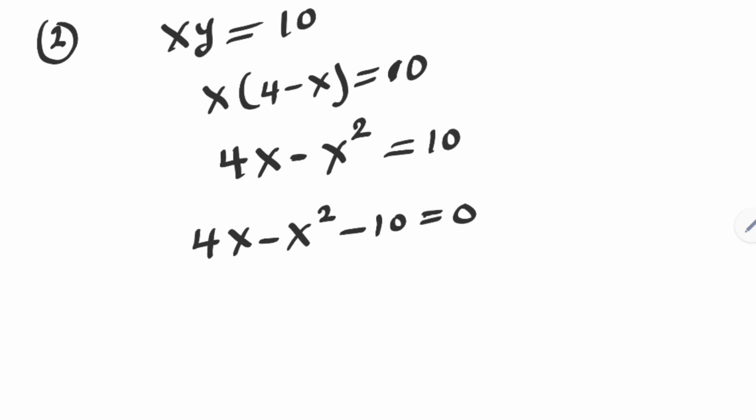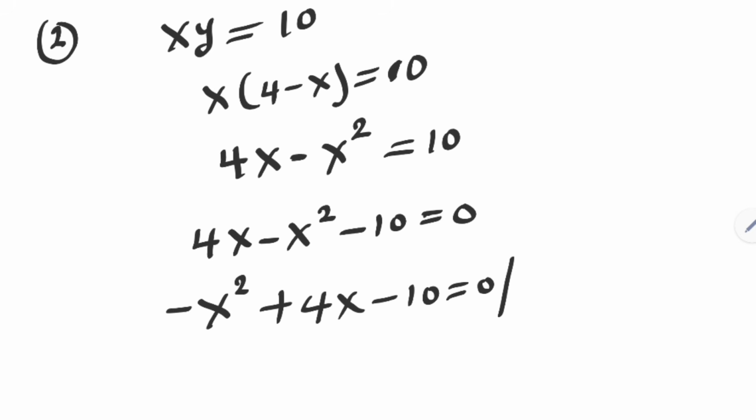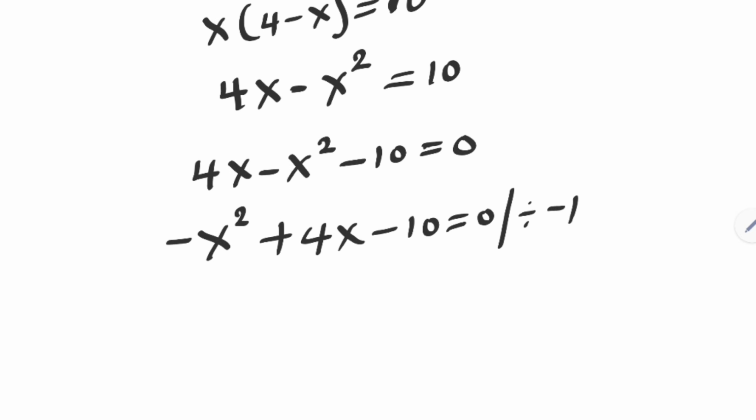Then let us put this in standard form. We have minus x squared plus 4x minus 10 is equal to 0. Let us divide the whole of this equation by minus 1. Minus x squared divided by minus 1 is x squared.